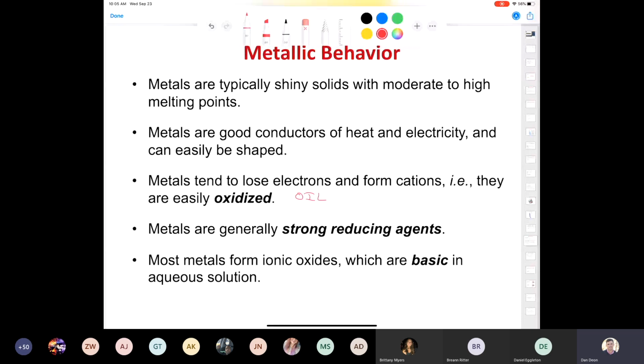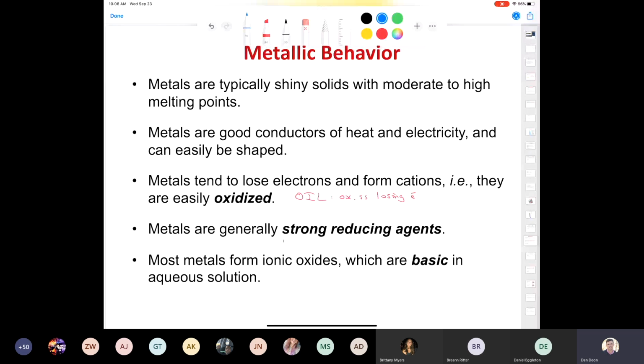Okay. So OIL, what that stands for is oxidation is losing electrons. So if an element loses electrons, we say that it's being oxidized. It says here that metals are generally strong reducing agents. And for that, we say RIG, so OIL RIG.